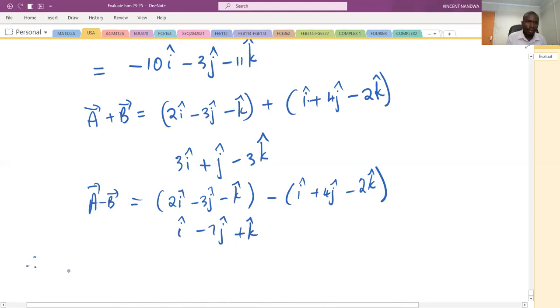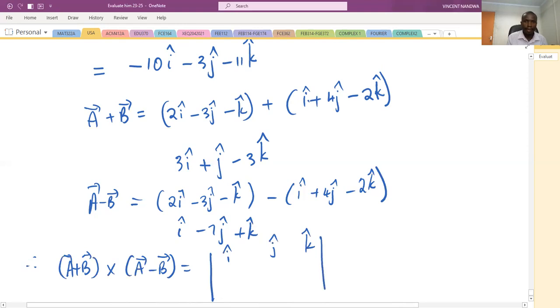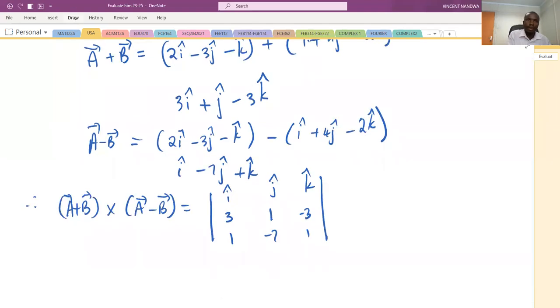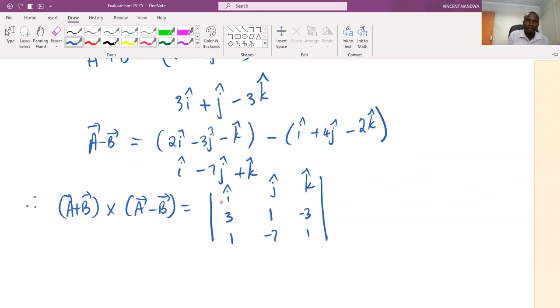So therefore, A plus B cross A minus B will be the determinant i, j, k. So this is 3, 1, minus 3, here we have 1, minus 7, 1. So remember the first element has a positive sign here.